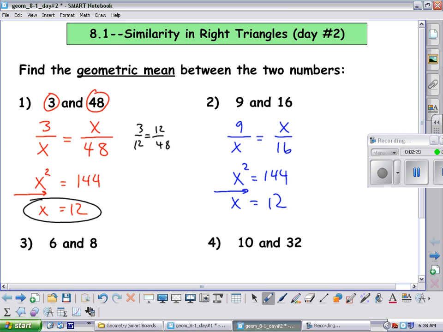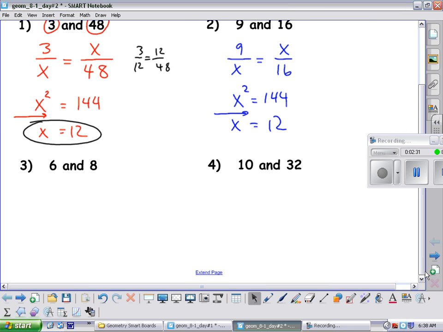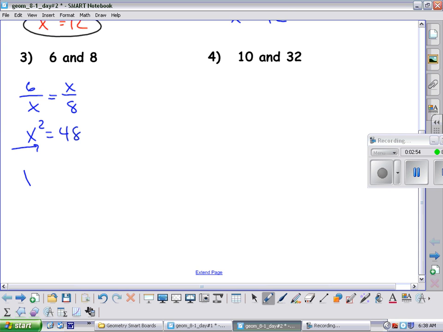Okay. Let's look down here at 6 and 8. Again, it's got to be between those numbers still, right? So 6 is over x, x is over 8, so it should be in that tight little window there. So x squared equals 48. x equals the square root of 48.